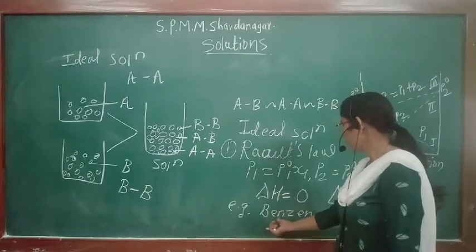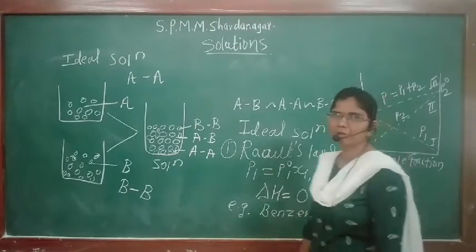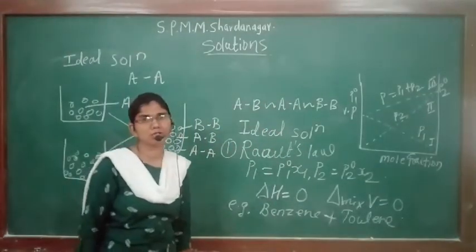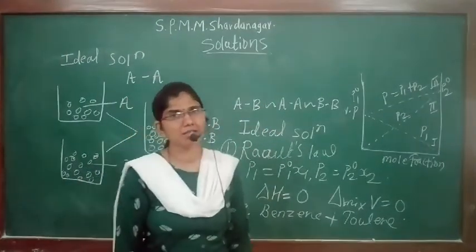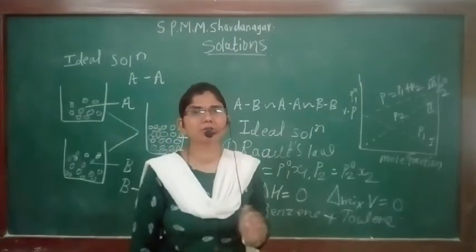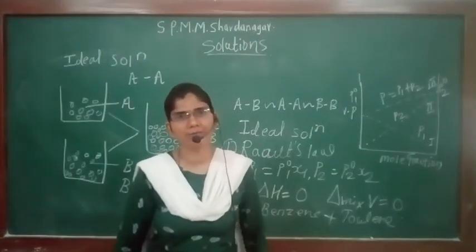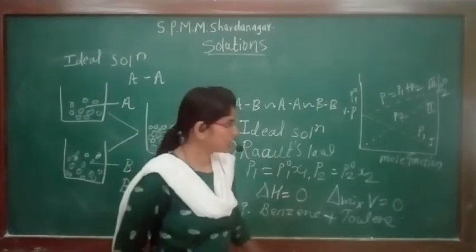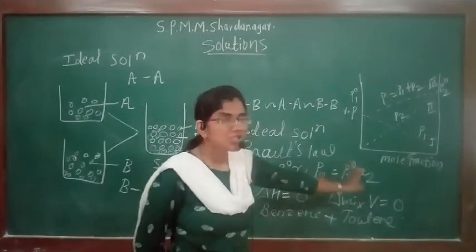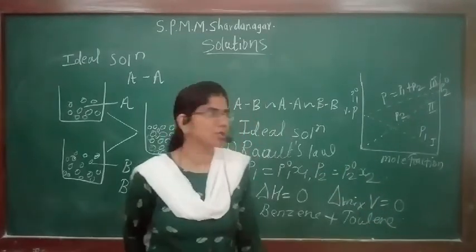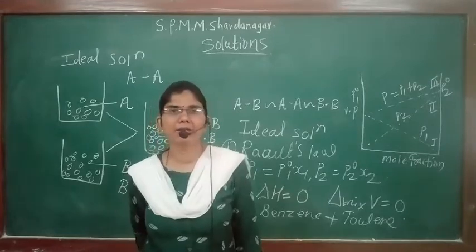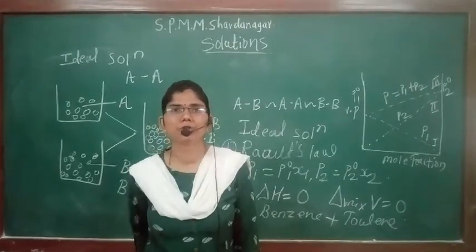So ideal solutions are the solutions which obey Raoult's law over the entire range of temperature. For an ideal solution, change in enthalpy is 0, change in volume is also 0, and it obeys Raoult's law, for example benzene and toluene.